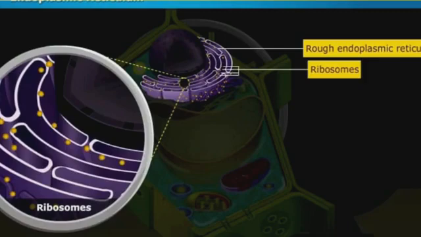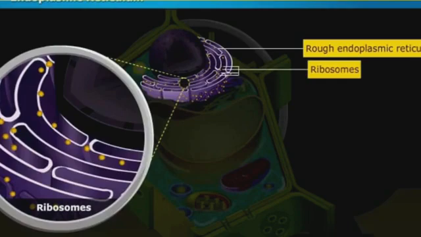This network creates passages within the cytoplasm for the transport of substances. It helps in transportation of substances in the cell.